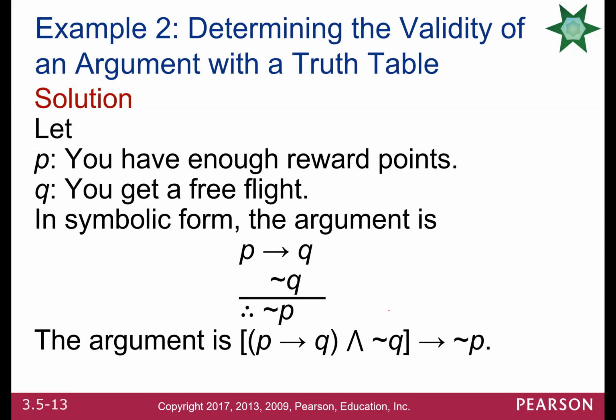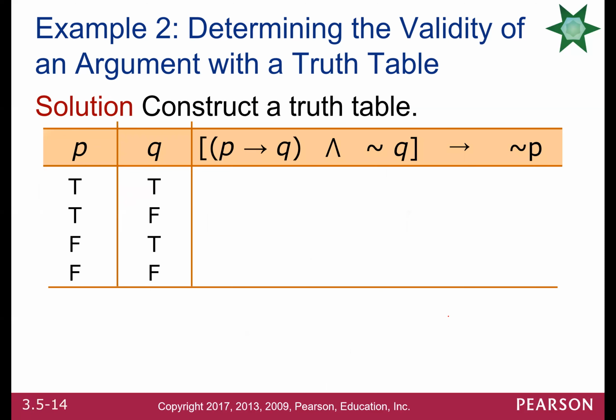So I'm going to go to the next slide and create a truth table. The first thing that I am going to do in my truth table, step number 1, is to create the conditional if P, then Q. That's only false if the antecedent is true and the consequent false. So it's only false for case 2. Otherwise, it is true.